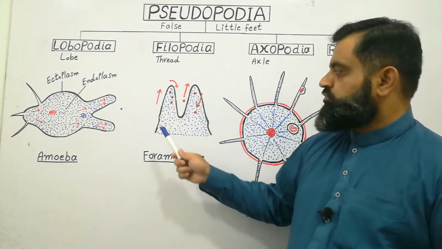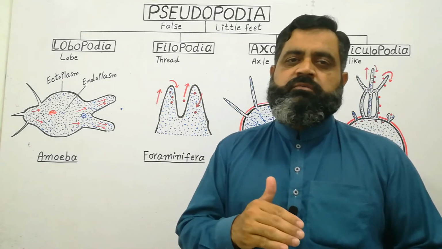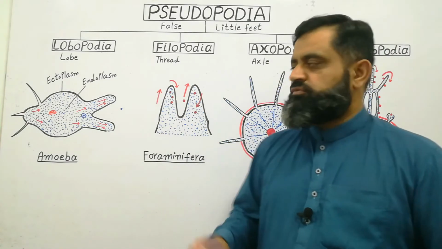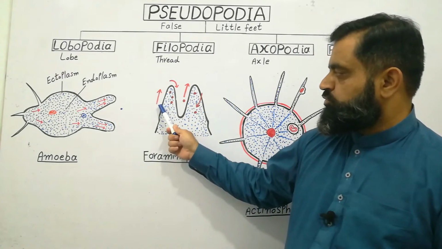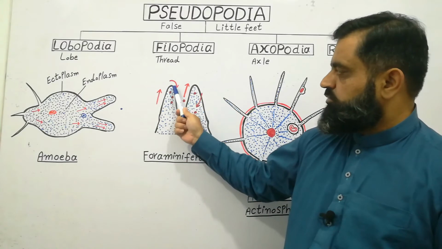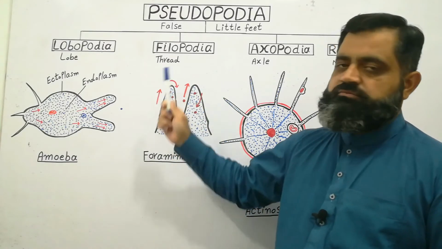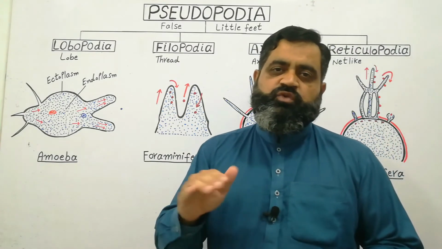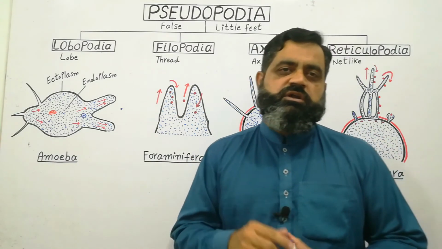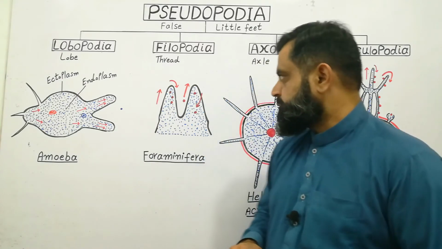It moves in the form of a conveyor belt in opposite directions. If a food particle is to move, it can move the plasma membrane in one direction and move the food inside the body, and it can also move backward in a conveyor belt fashion. So usually this type of pseudopodia is involved in the transport of food.